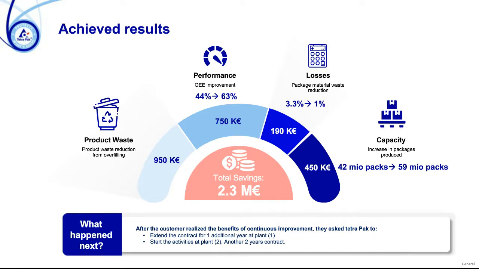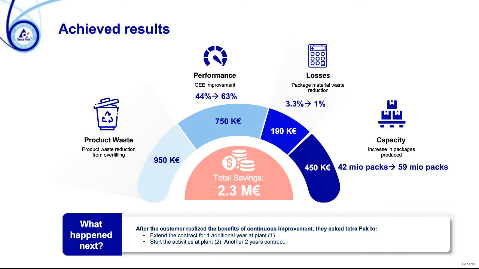Also the performance area: by improving the OE from 45% to 63%, we saved 750 kilo euros. Also the losses, the pack mat or package material losses: we reduced the pack mat waste from 3.3% to 1%, and by doing that, we saved 190 kilo euros.